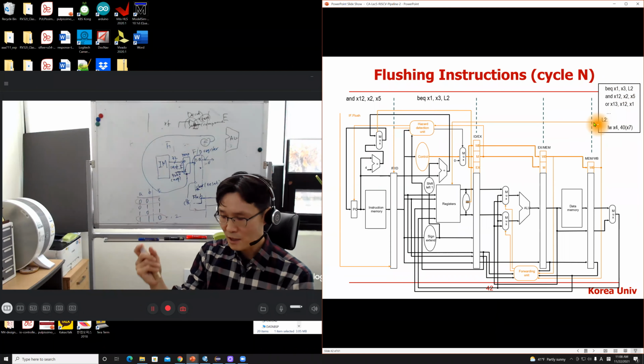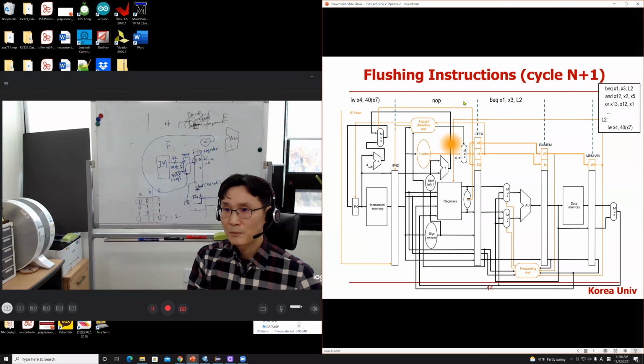So next clock cycle, BEQ is moving to execution, and in the decoding stage you are passing no operation, right? So the no-op is in the decoding stage. And then the fetch stage is reading the instruction from the correct path, L2, this label, this location, because the branch is taken.